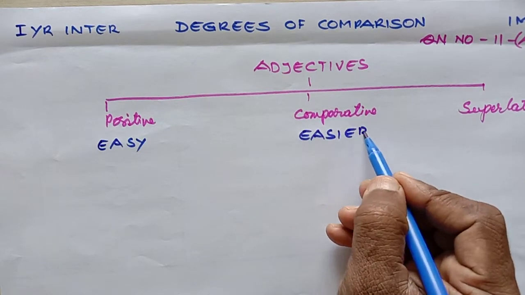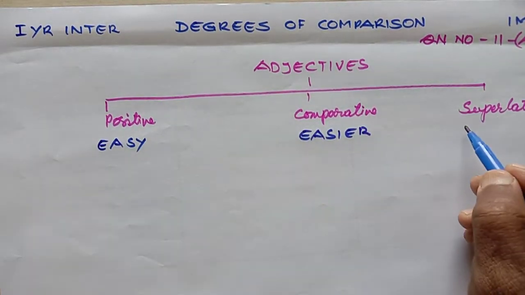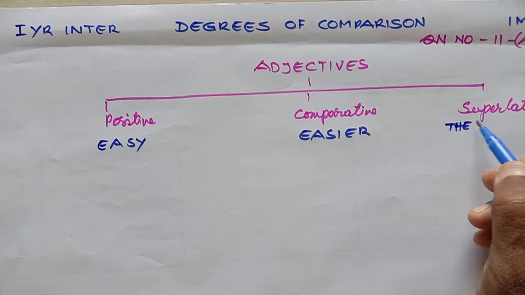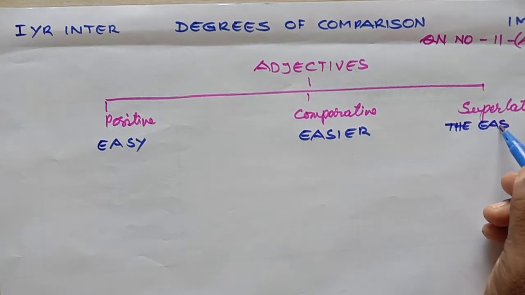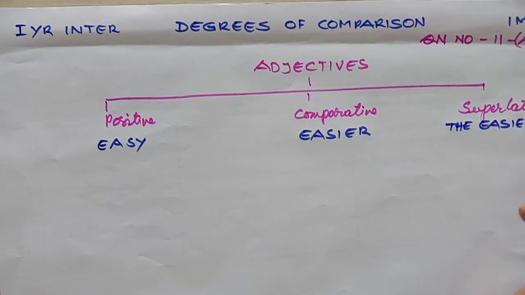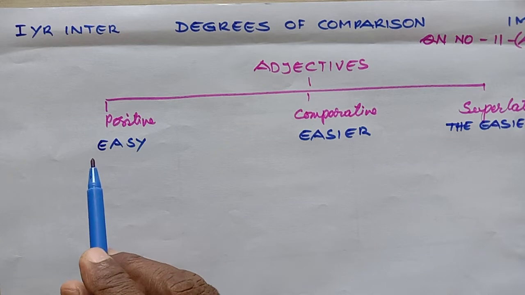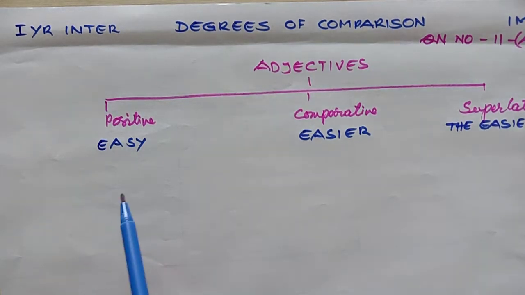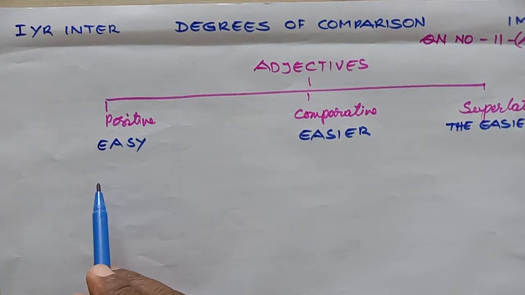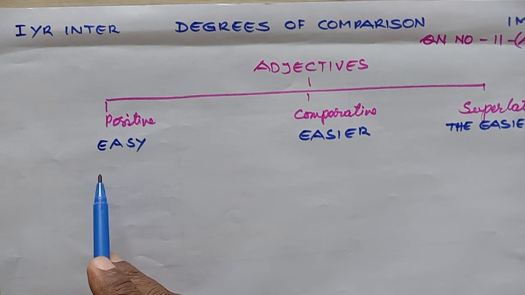Easier. And the easiest. Now these are the 3 things. Easy. Now, this work is easy. This work is easier.